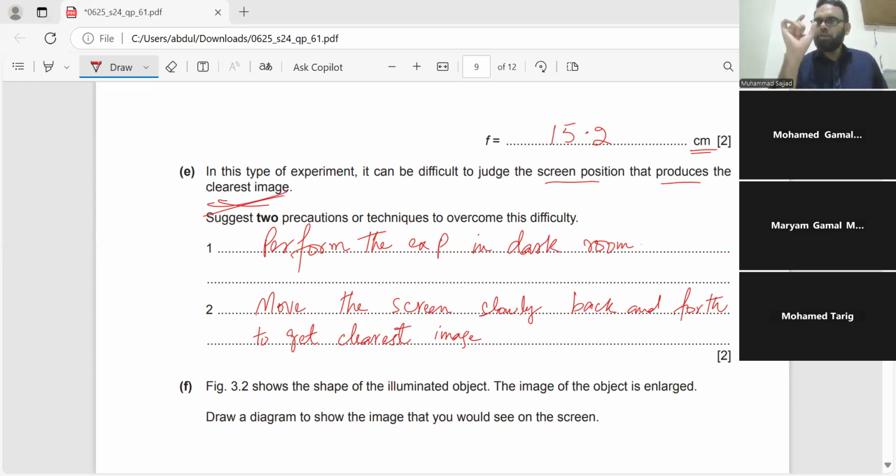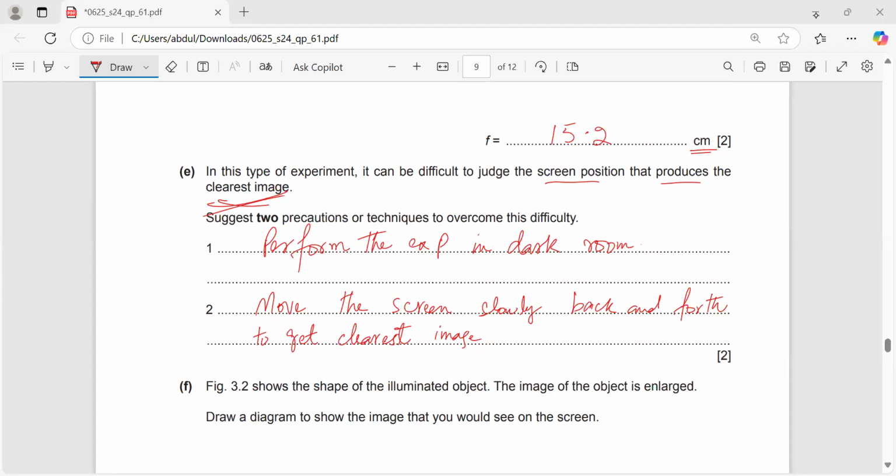He is moving the lens very slowly forward and backward, and where he finds that the image is clear, he clicks, the flash goes on and the image is made. So these are the techniques, and many I have already shared with you in the paper 6 keyboard. There are 5 or 6 ways written.